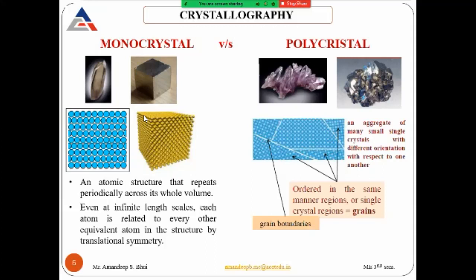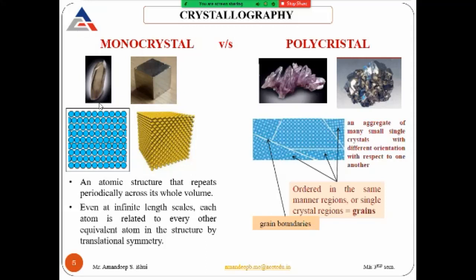So in polycrystals, we have grains and grain boundaries. The arrangement of grains is different in different regions or directions, and where the grain orientation changes, that region is the grain boundary of a polycrystal solid.